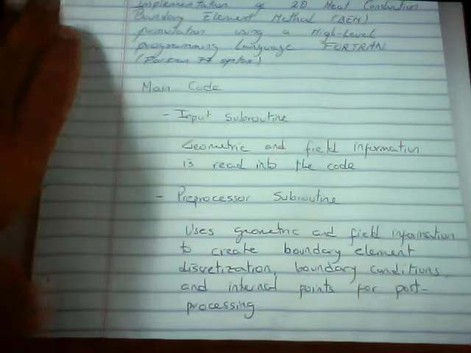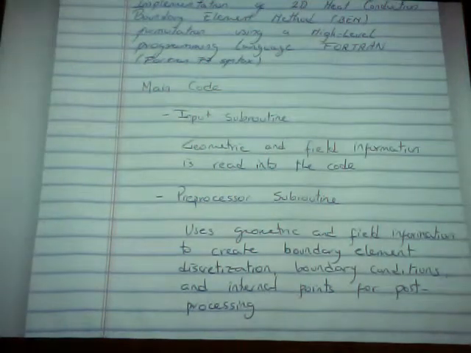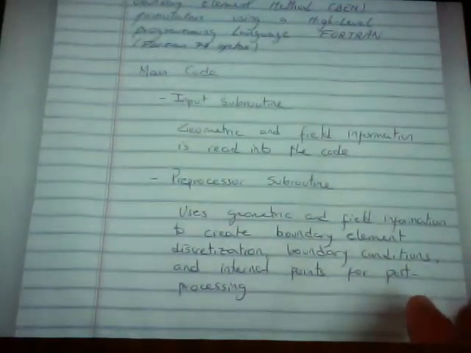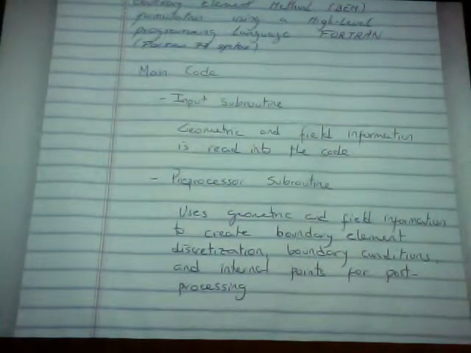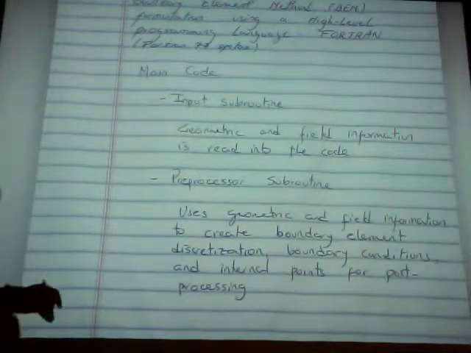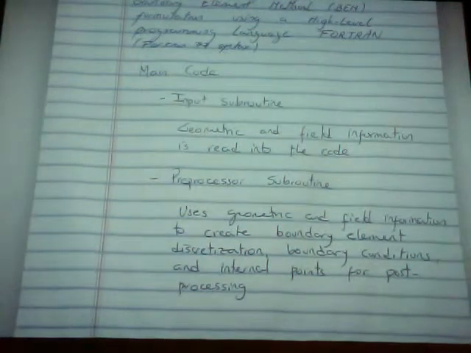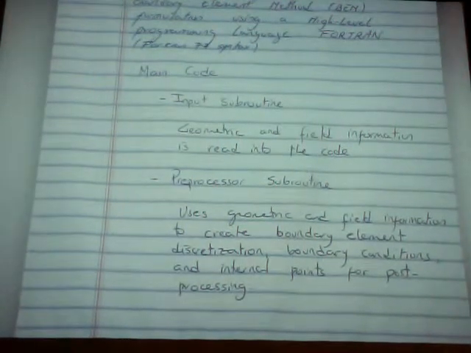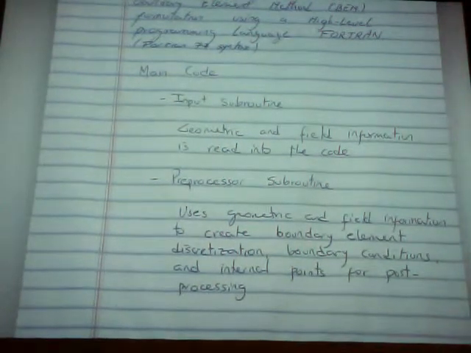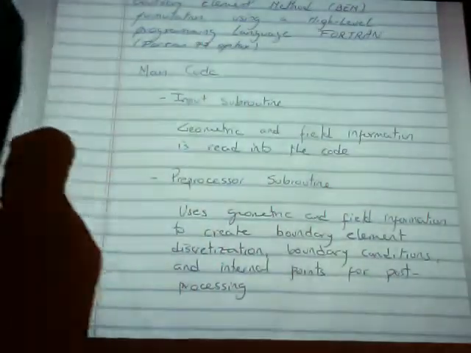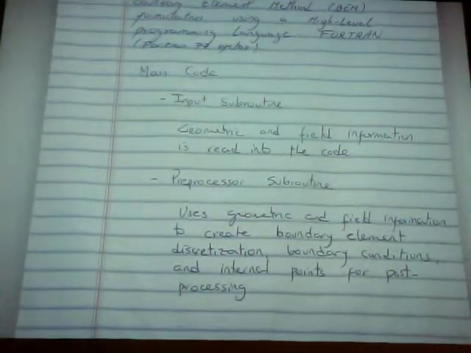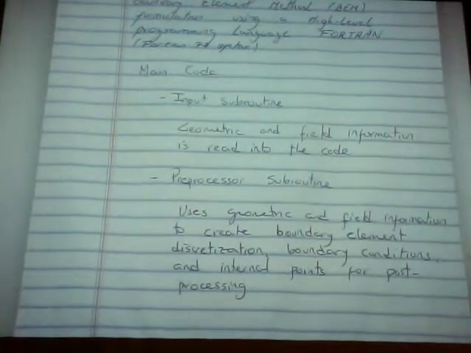Okay, why do we need to generate internal points when internal points are not really necessary to do anything within the framework of solving a problem with boundary elements? Well, you're given a problem and then you solve it, and what does solving it mean?